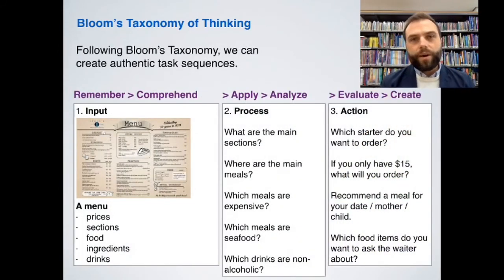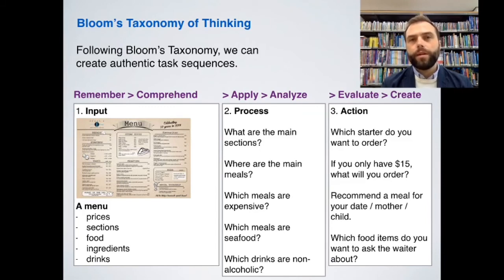Okay, and here's a very practical example of how Bloom's taxonomy can influence lesson planning and organizing activities and questions. So following Bloom's taxonomy, we can create authentic task sequences. Have a look here. We've got remember and comprehend first. Comprehend is understand. And number 1 is input.